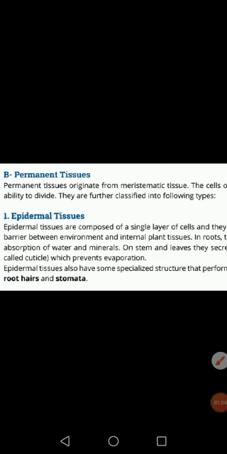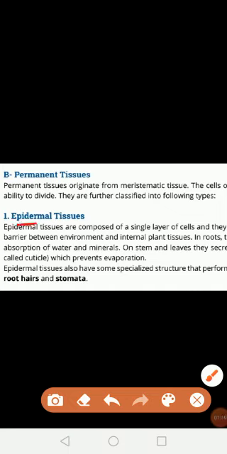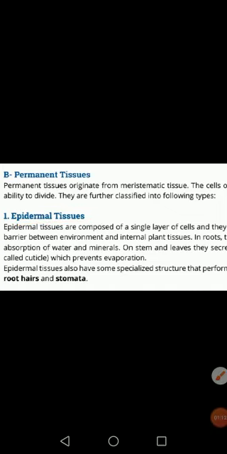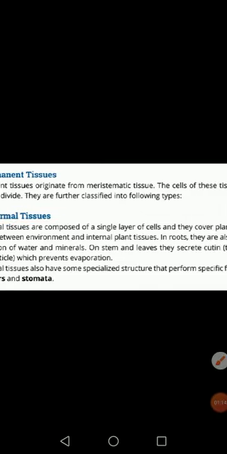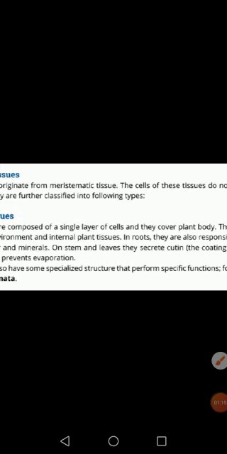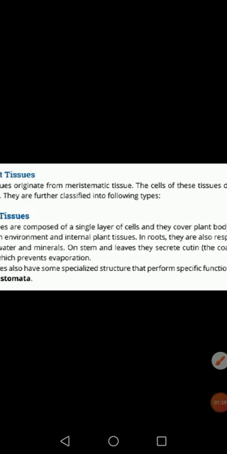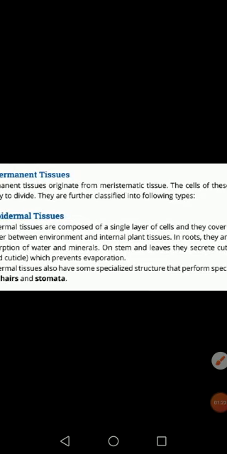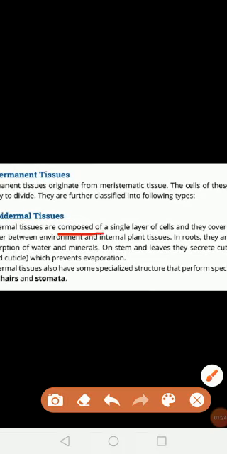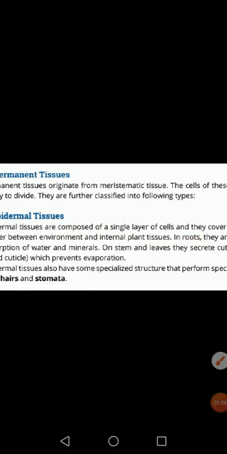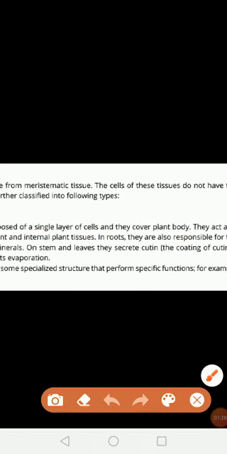First of all, epidermal tissues. Epidermal tissues surround the plant body because they form the outermost layer of the plant body. They are composed of a single layer of cells and they cover the plant body.